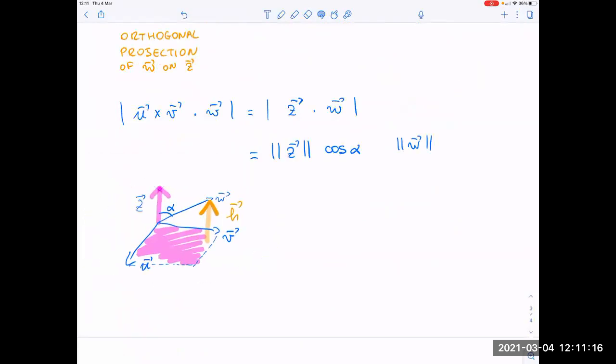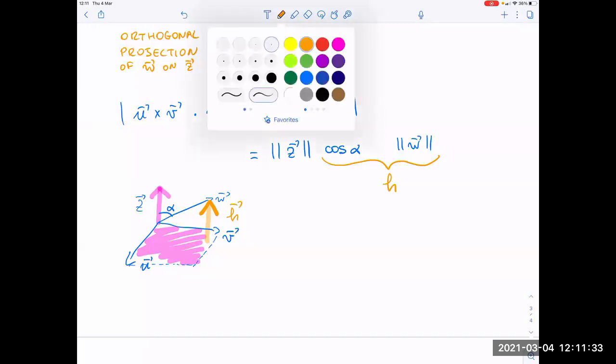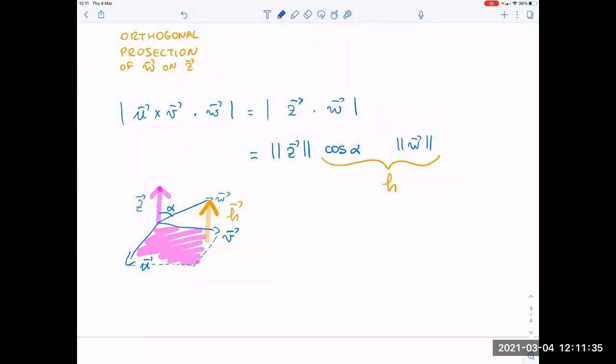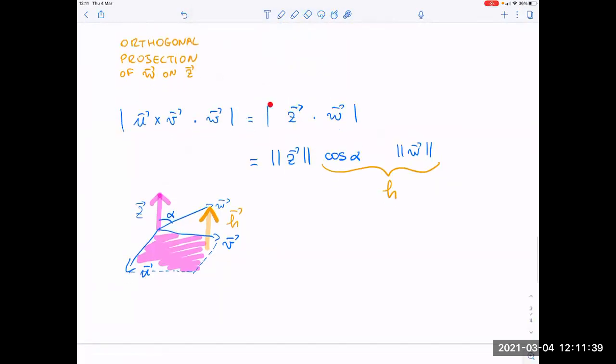So here is the complete picture. So what is here is what we call height. This is what we call height. If we put the absolute value, you see the absolute value which is here, stays here.